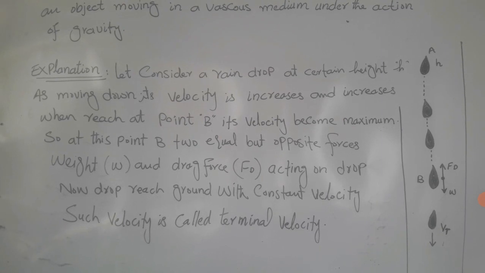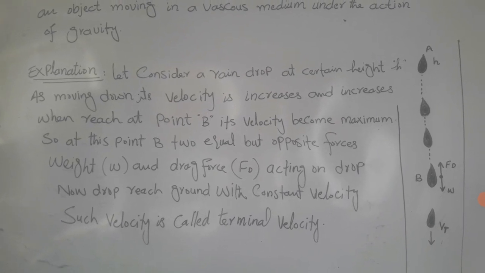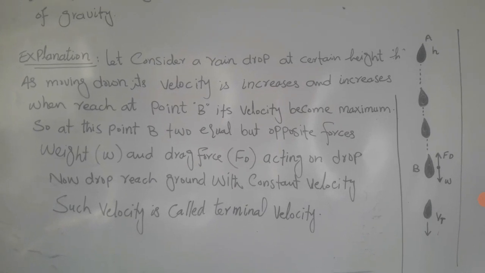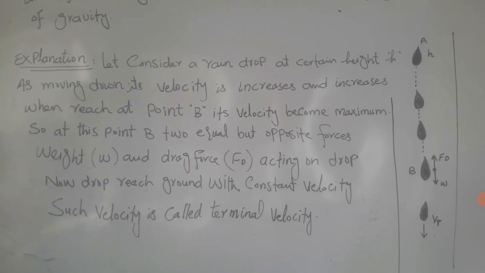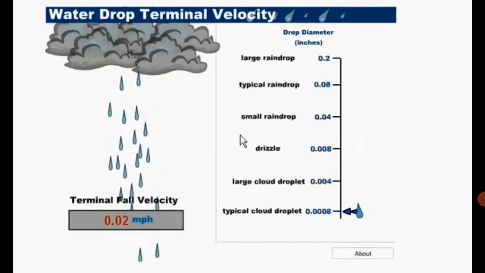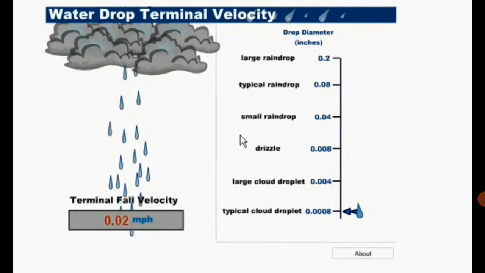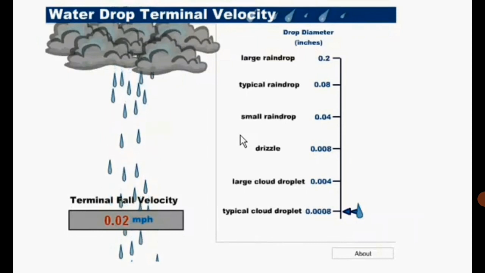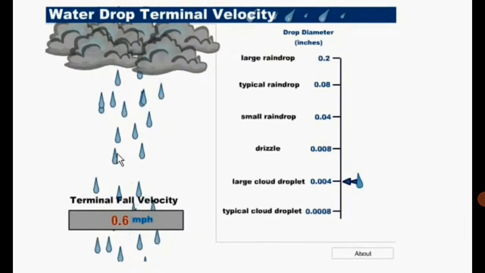That terminal velocity is obtained in objects at that point when its speed reaches a maximum point. So the raindrop's velocity increases as it moves downward. Let's consider a raindrop moving with a speed of 0.02 meter per hour. So its speed is very less.